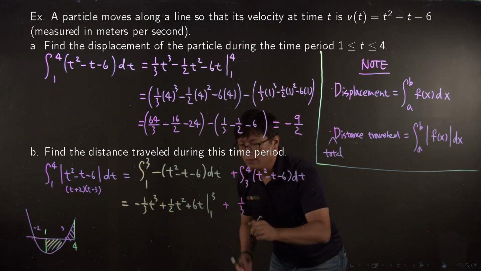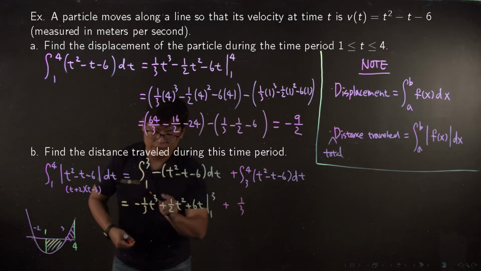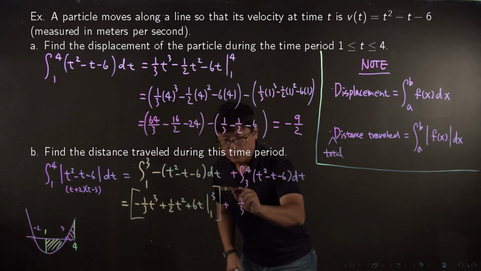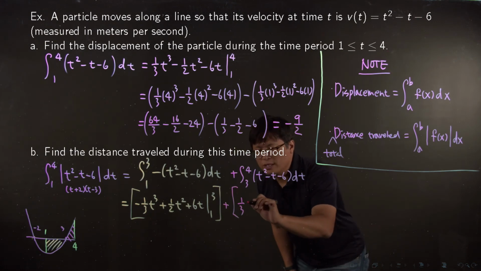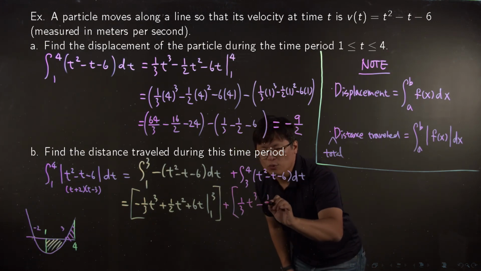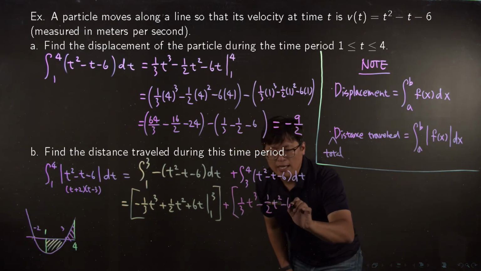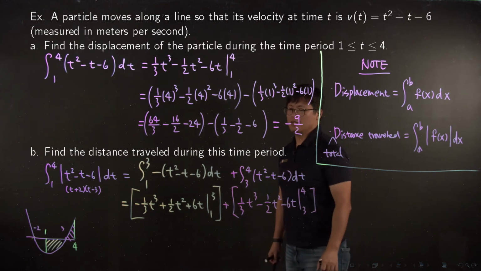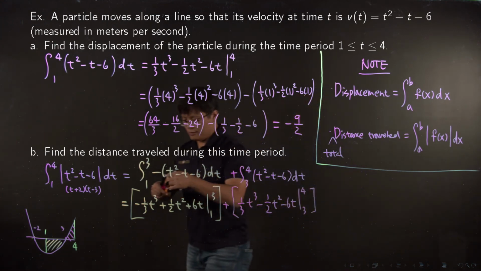It might be better to use parentheses for this whole thing, right? And then parentheses here, 1/3 t cubed minus 1/2 t squared minus 6t, and plug in 3 to 4 for this case, right? Then it's just algebra, right?